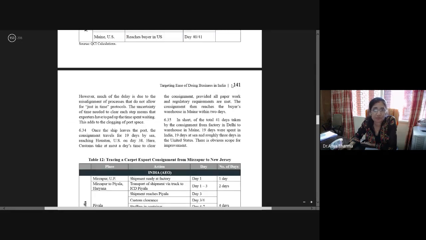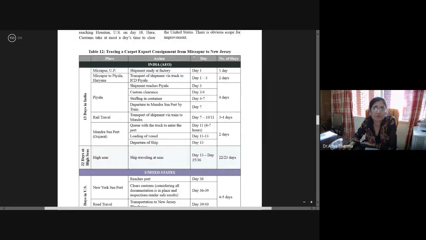Another case. Here is a product from Mirzapur to New Jersey. It goes from Mirzapur to Haryana. Again, it goes by truck. Then it goes to Piyala, customs clearance, etc. It takes 4 days.